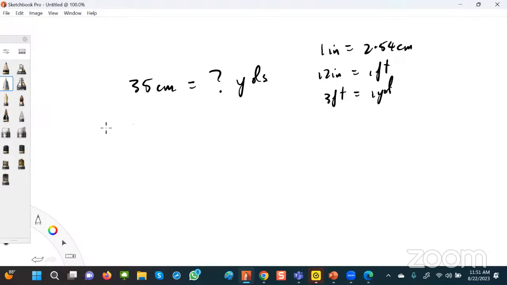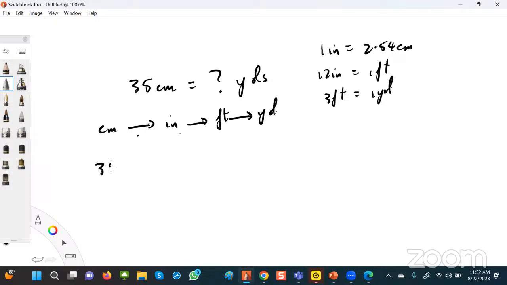So basically, we can go from centimeters to inches, and then from inches to feet, and then from feet to yard, right? So based on this flow chart, we can tell that we're going to need 1, 2, 3 conversion factors in order to convert from the centimeter value and end up to the yard value.